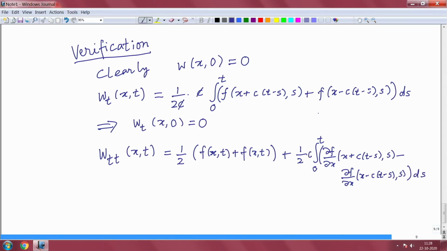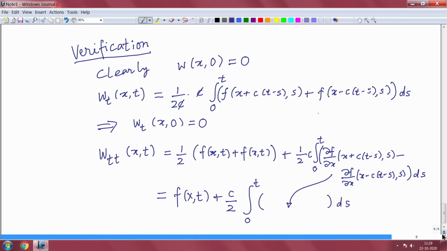And this, let me write it, f of x t plus c by 2 that integral. Let me not repeat that because there is no change there. So this whole term comes here.